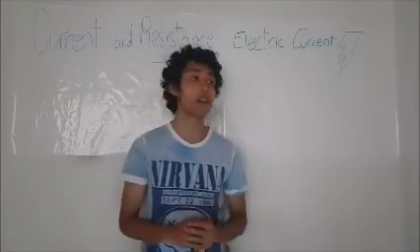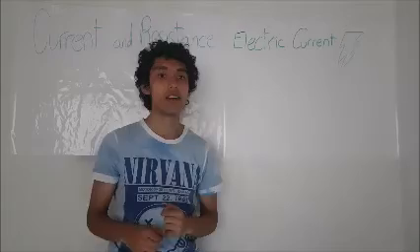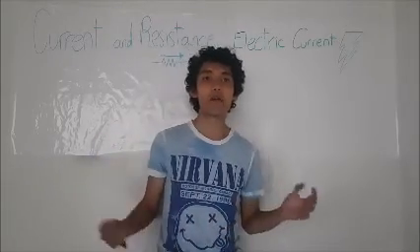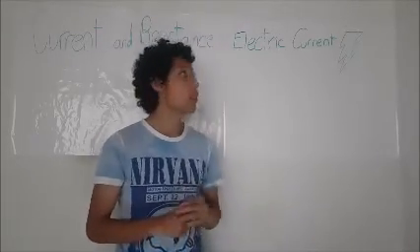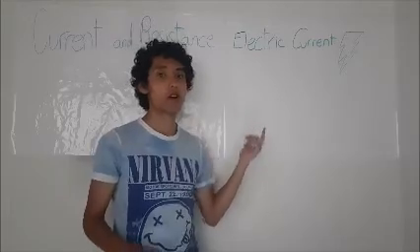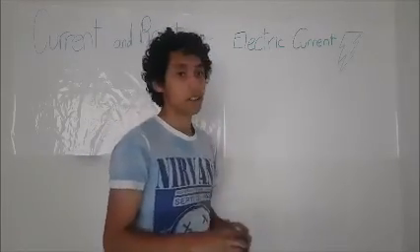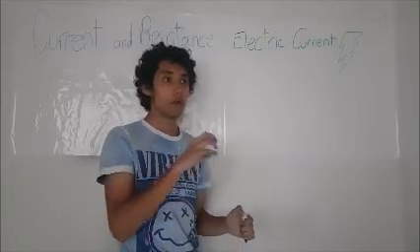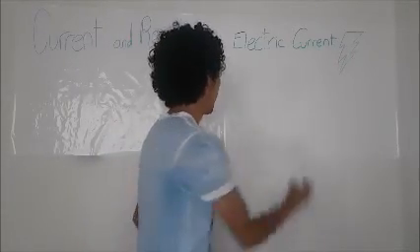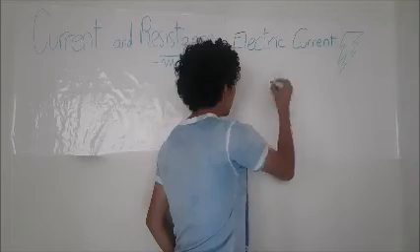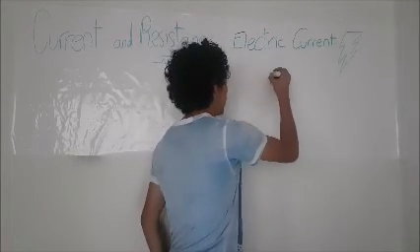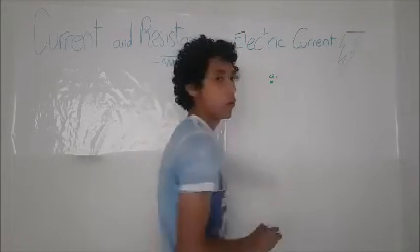Okay, our first topic, as I said, is electric current. The definition given by HyperPhysics is the rate of charge flow past a given point. Now, this means there will be some charge at a given point. Let's call it Q1.